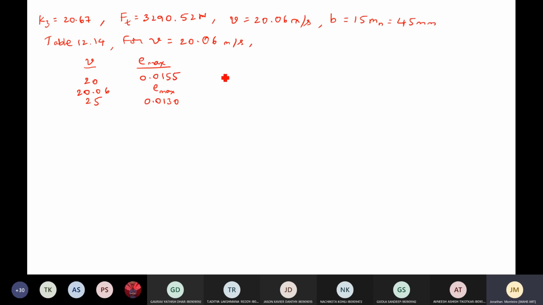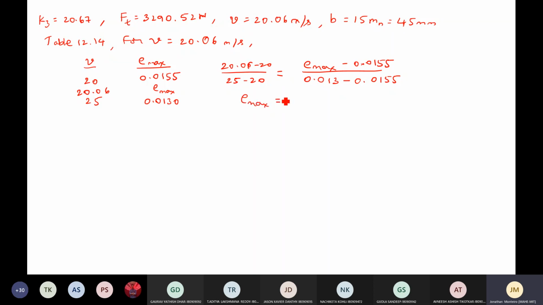So we'll interpolate between these. Interpolating, 20.06 minus 20 over 25 minus 20 must be equal to Emax minus 0.0155 over 0.013 minus 0.0155.